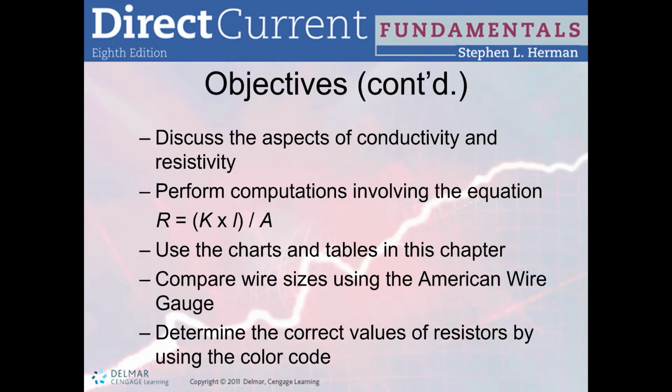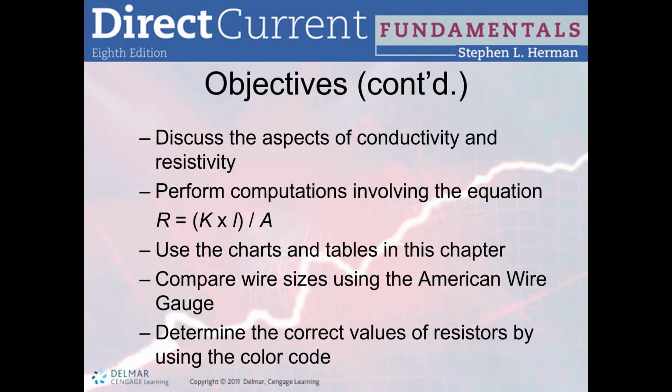There's something called conductivity and resistivity. Conductivity is the ability that a material has to allow the easy flow of current, in our case, electrons. And resistivity is the ability that the conductor has to oppose the flow of current.